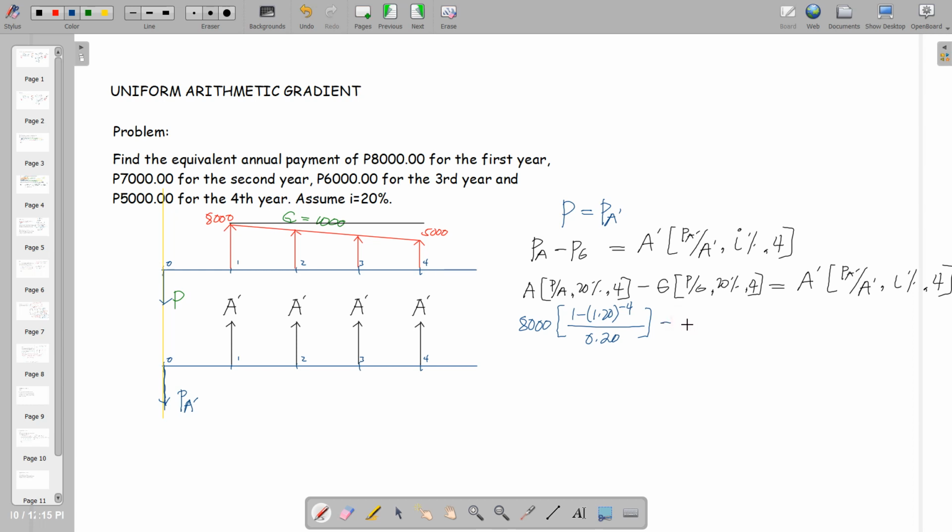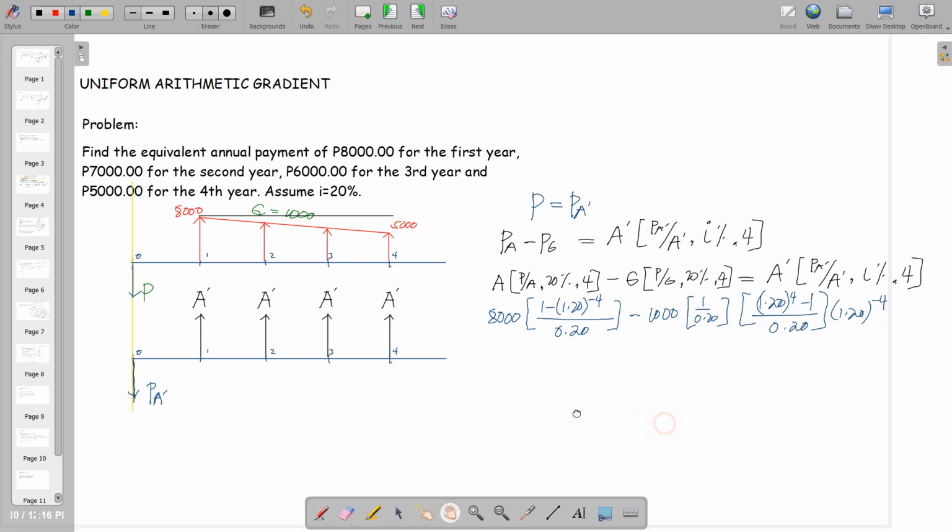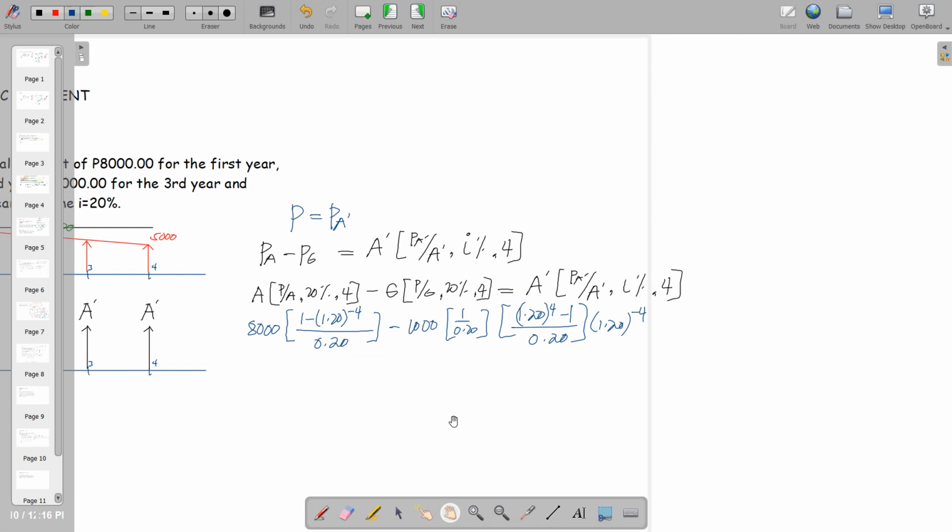So the second term, our gradient is 1,000, then 1 all over I. Then we have 1.2 raised to 4 minus 1 all over 0.2, and then 1.2 raised to negative 4. So we equate it to the unknown A prime, then 1 minus 1.2 raised to negative 4 all over 0.2.